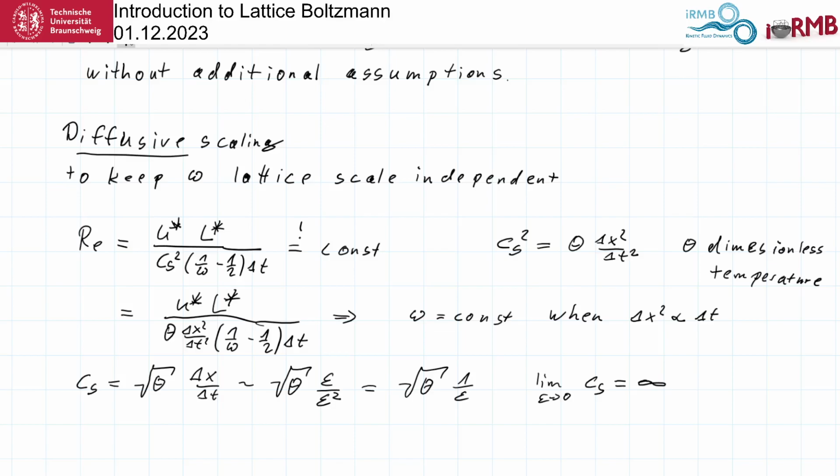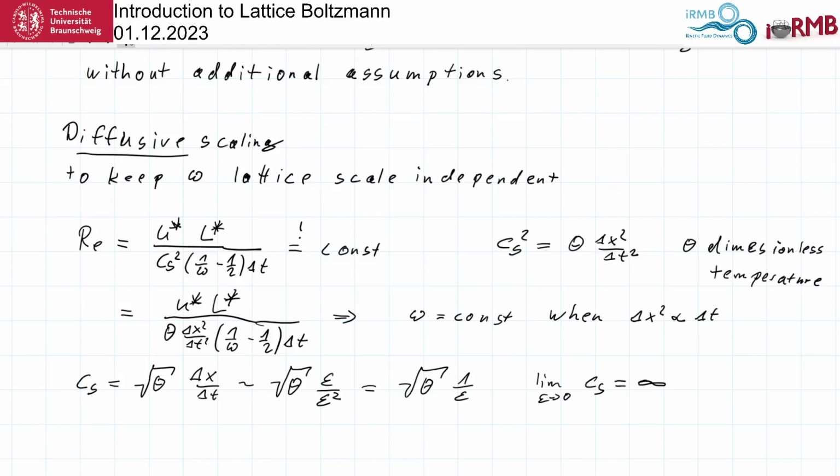It can be a bad thing, and it couldn't be a good thing. It's a bad thing if you deal with acoustics, because your pressure waves, the Mach number obviously depends on the resolution, right?